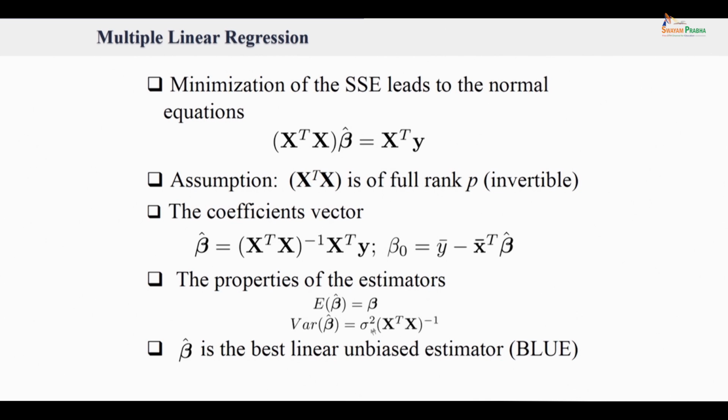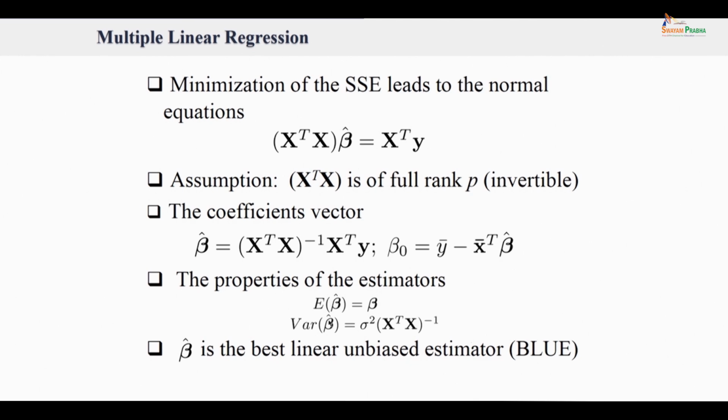In this case it is sigma squared into x transpose x inverse. So x transpose x represents sxx. Sigma squared is the variance of the error corrupting the dependent variables. We may have a priori knowledge sometimes, but in most cases we may not be given this value of sigma squared, so we have to estimate sigma squared from data, and we will show how to get this.